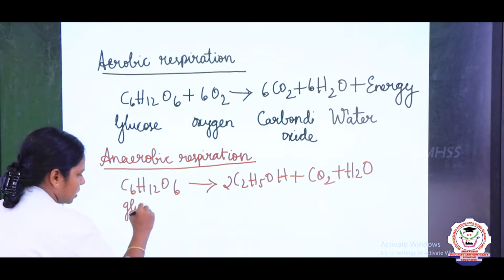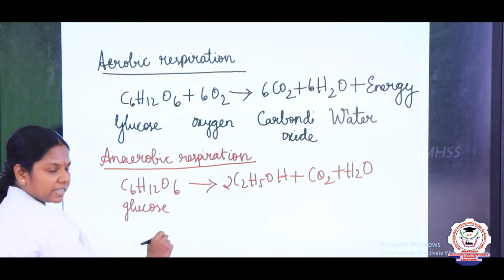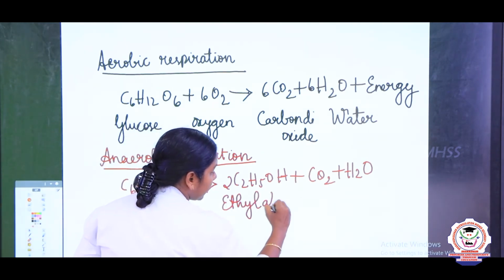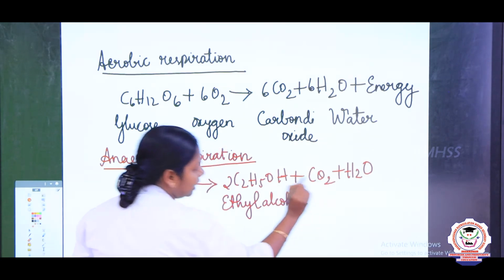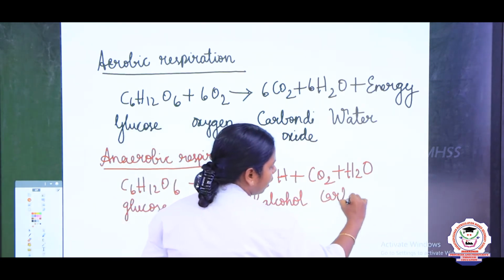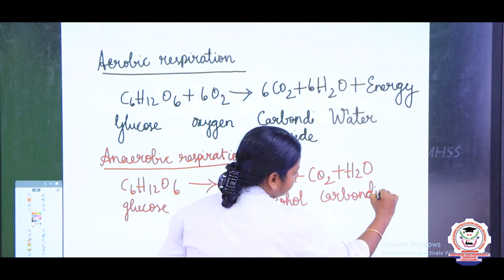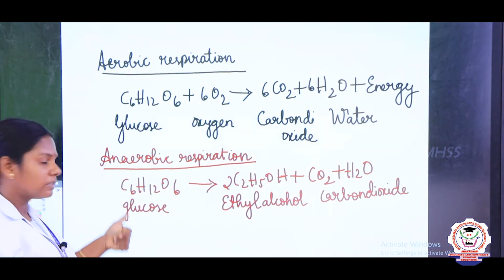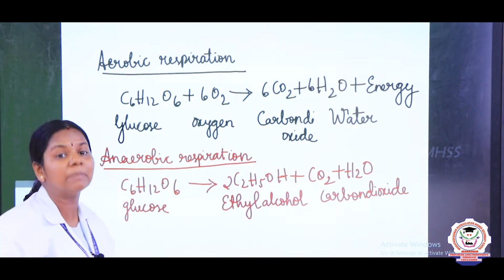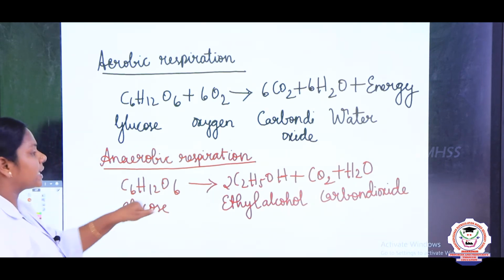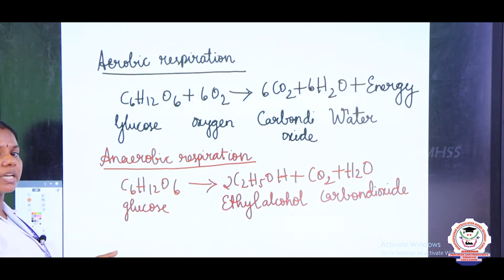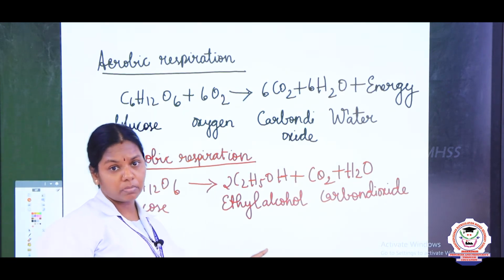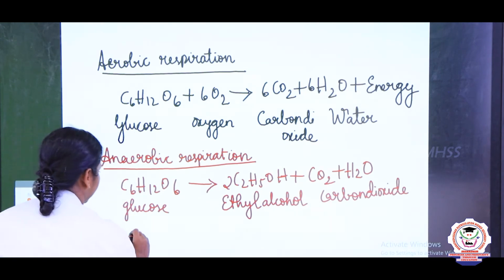Glucose, in the absence of oxygen, gets converted into ethyl alcohol or ethanol, and also into carbon dioxide. Here, first the glycolysis takes place, but later the fermentation takes place. Instead of producing ethyl alcohol, it may also produce lactic acid. So now let us write that equation.